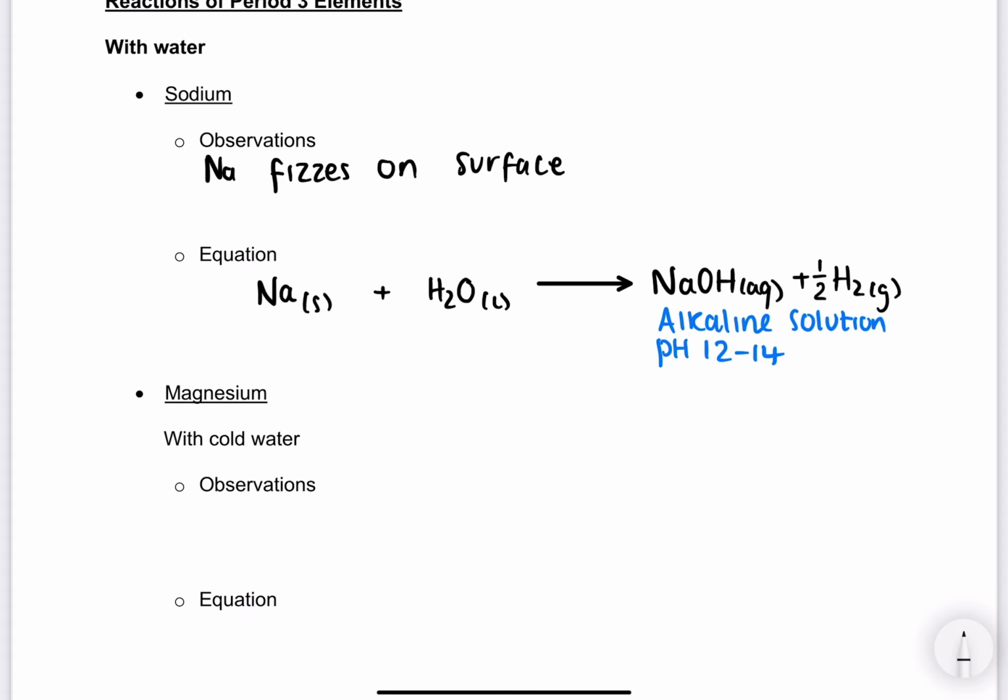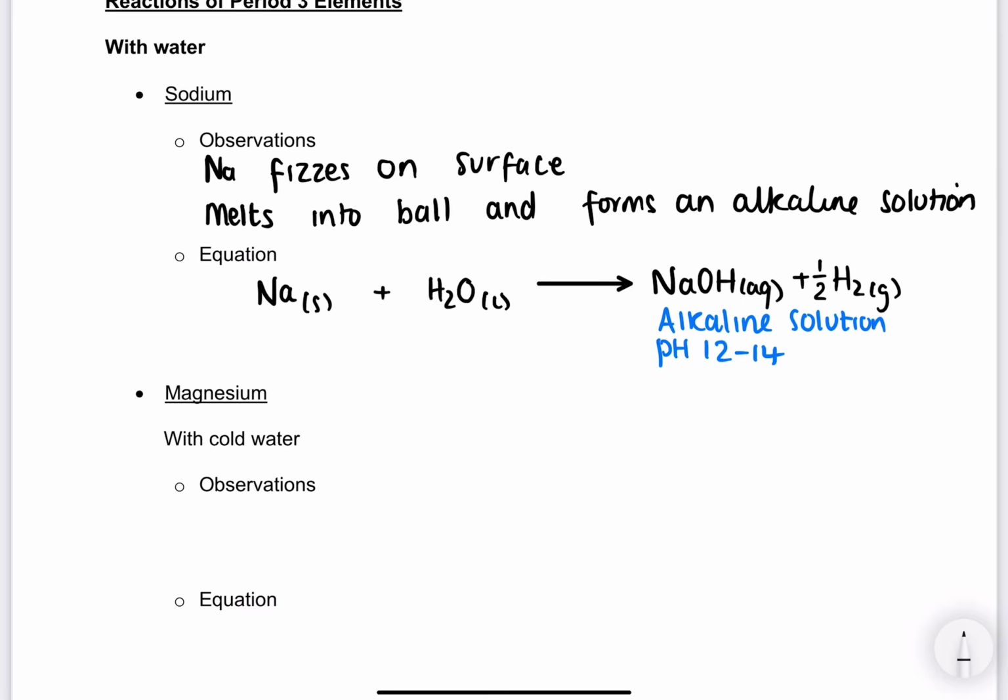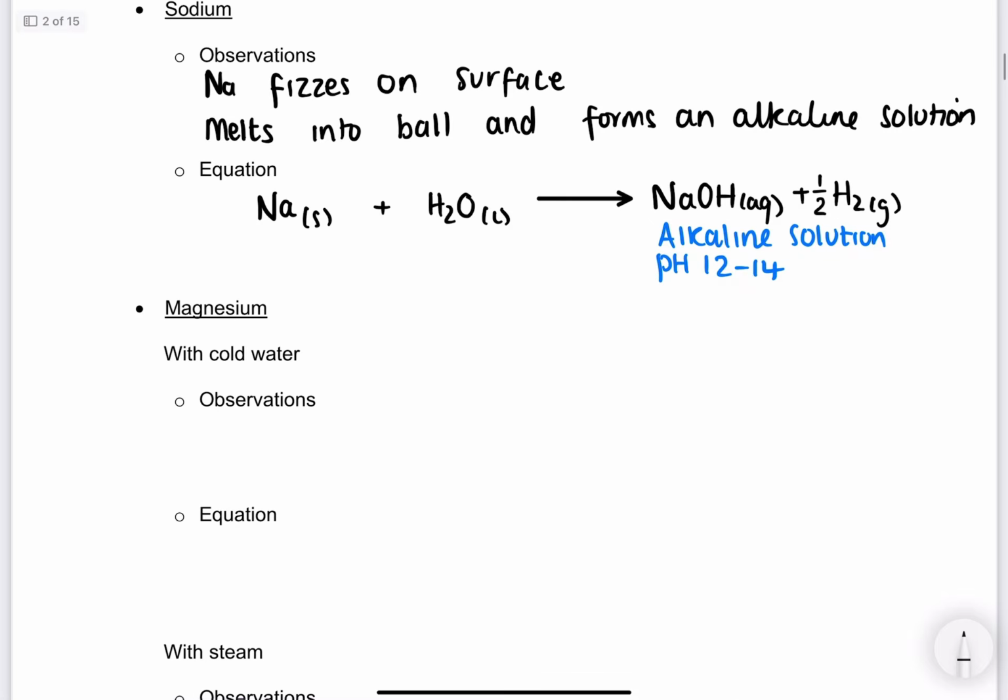It's probably not appropriate to say it does dissolve. The Na fizzes on the surface, and the fizzing is the effervescence of the hydrogen, melts into a ball and forms an alkaline solution. So it kind of looks like it dissolves, but it's actually reacting to form an alkaline solution.